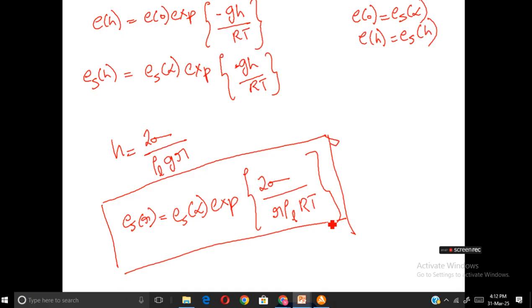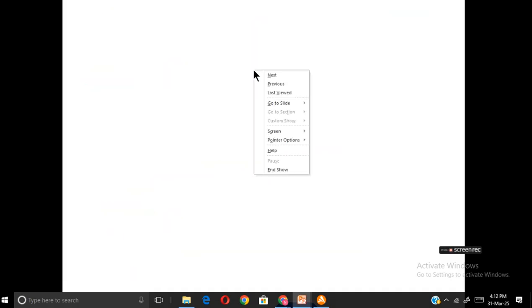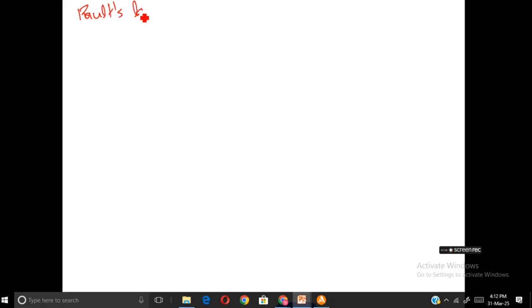Now there is something else called Raoult's law or Raoult's effect. So I told you earlier that some of the particles in air, some of the cloud condensation nuclei, are soluble in water.